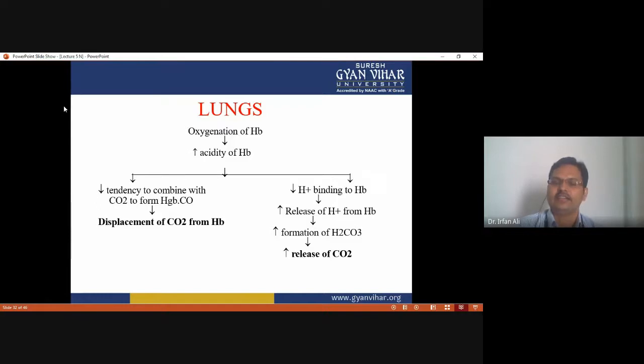While acidity of hemoglobin increases, this decreases the hydrogen ion binding with the hemoglobin, which favors release of hydrogen ion from hemoglobin and results in increased formation of carbonic acid, ultimately releasing carbon dioxide.